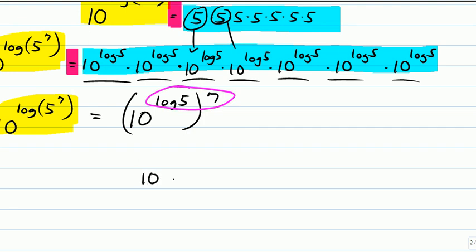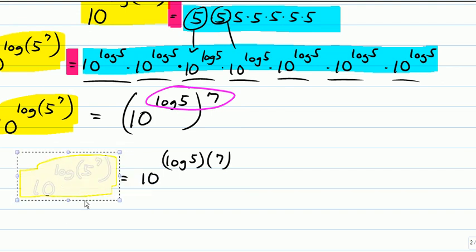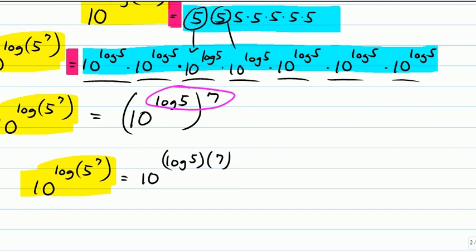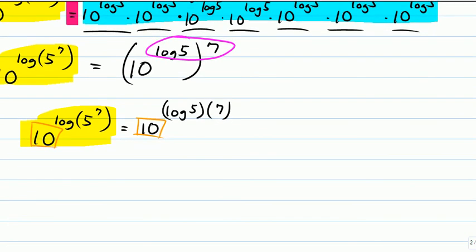So 10 to the log 5 times 7 equals this, and then we are there. The bases on each side are the same. So if the left side equals the right side, then the exponents must be the same. And we have just said log of 5 to the 7th equals, I'll just rearrange these, it's multiplication, so I got 7 log 5.